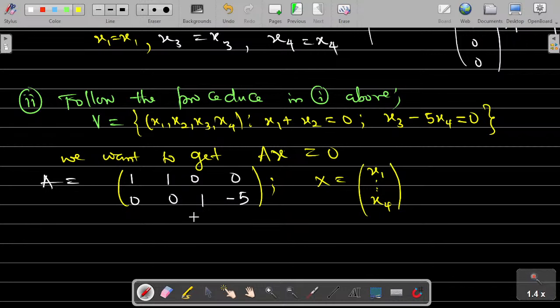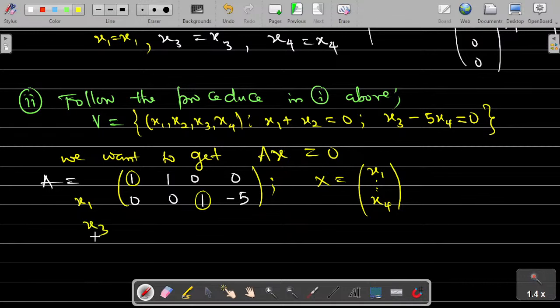So what are the free variables? You can see that this is a leading coefficient here, and there's another leading coefficient here. So in row 1, the leading variable is x1, and in row 2, the pivot variable is x3.